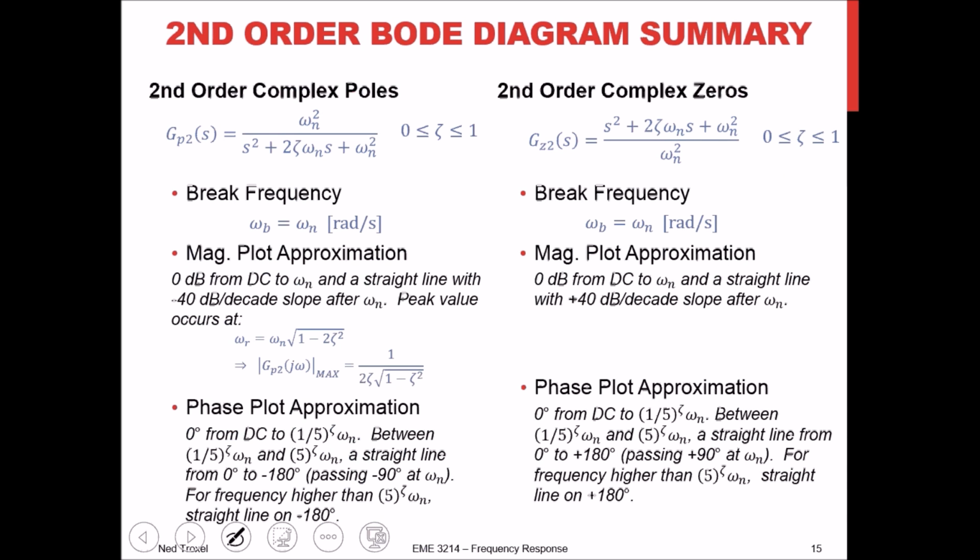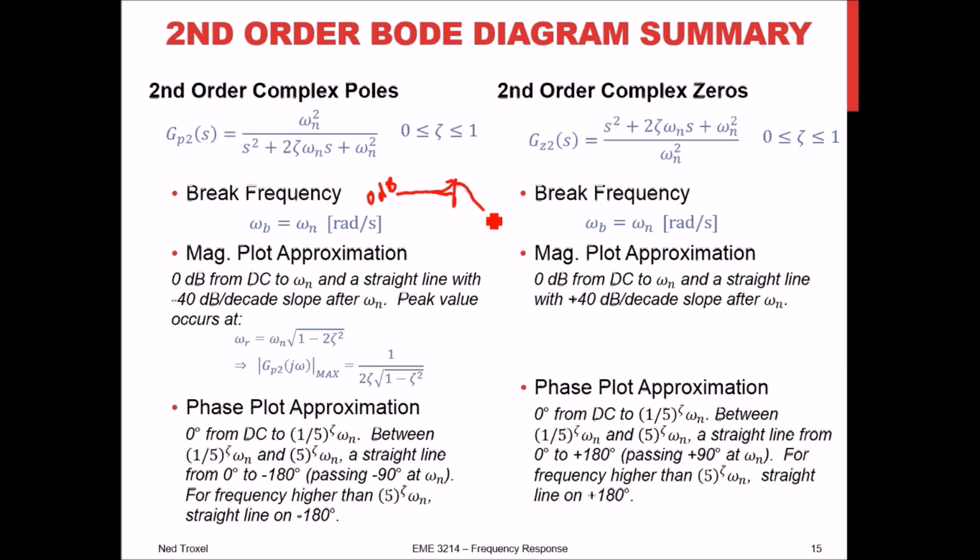So to summarize, for second order complex poles with zeta between 0 and 1, we have a break frequency near the natural frequency. Now to approximate the magnitude plot, we start out flat at low frequencies at 0 decibels. Around that break frequency of the natural frequency, we may have a peak, which we can calculate using this.